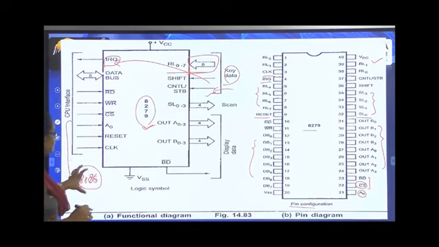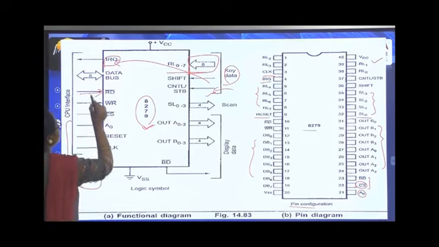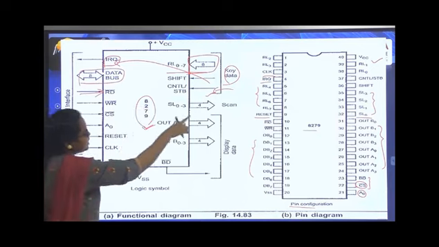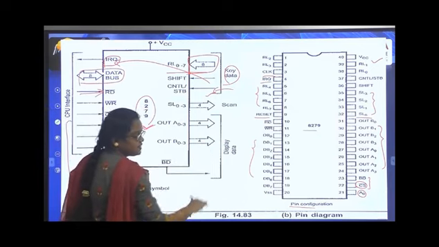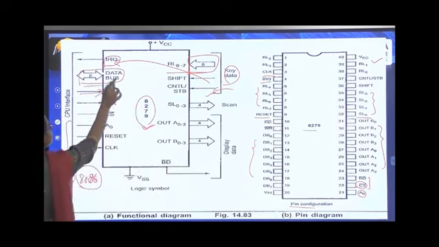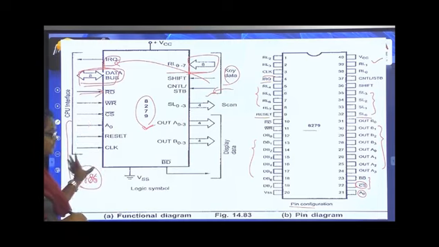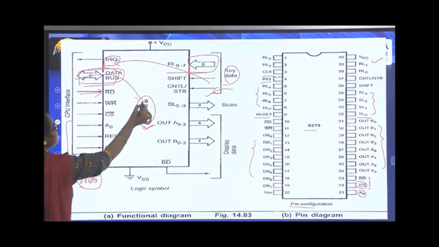Then what is the output of that execution? That output is given to the 8279 by using the read command and the data bus. The data bus has the data pins DB0 to DB7. By using the data bus, the information executed by the 8086 microprocessor is given to the 8279 IC.